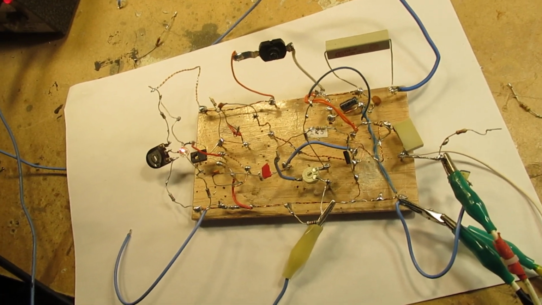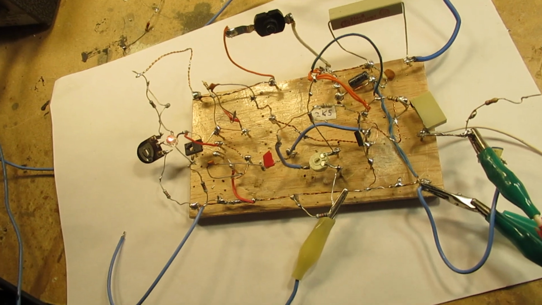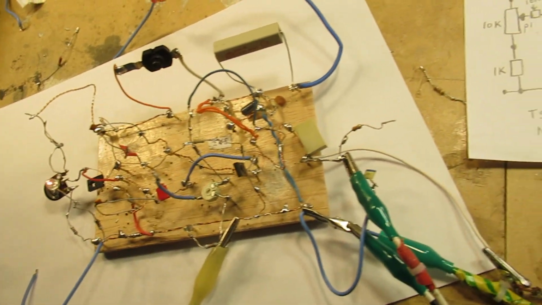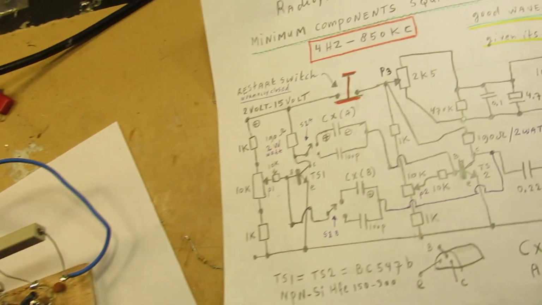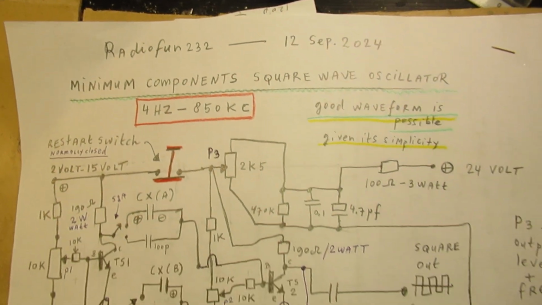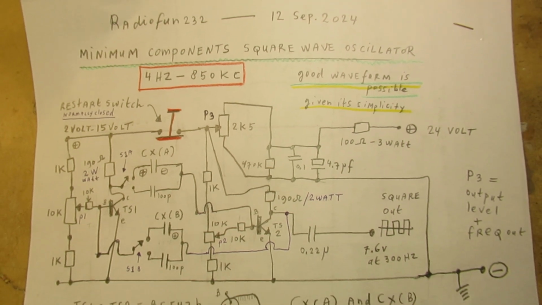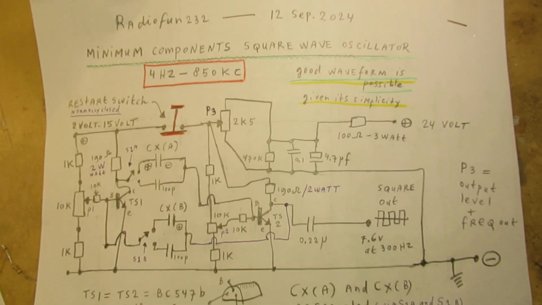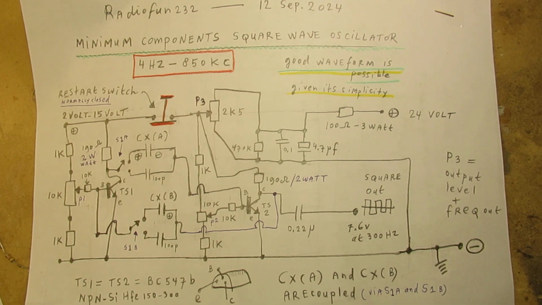During the past days I wanted to elaborate more on this circuit, the minimum component square wave oscillator. This is the schematic, and I will surely give the link in the text box.